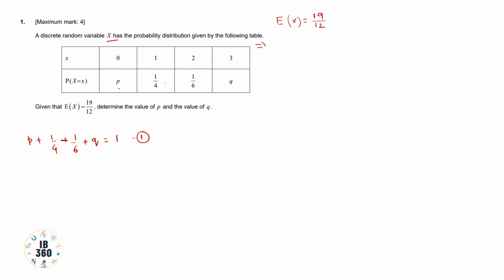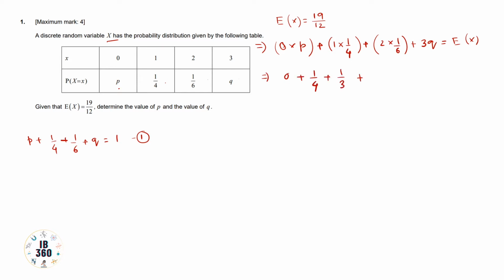We will use this to find the expectation: 0 into p plus 1 into 1/4 plus 2 into 1/6 plus 3q equals E of X. So we can write 0 plus 1/4 plus 1/3 plus 3q equals 19/12. From here, 3 plus 4 over 12, so 7/12 plus 3q equals 19/12.